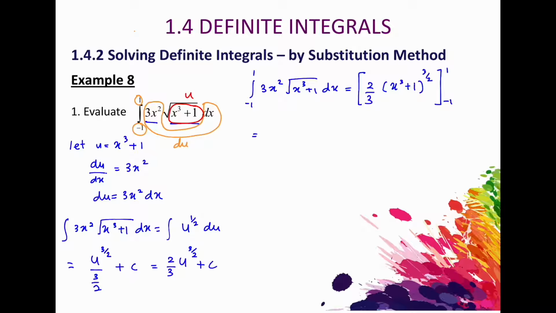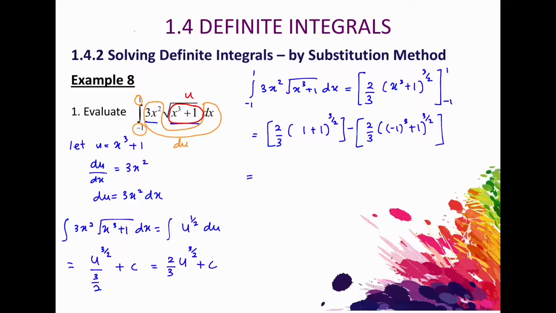Then substitute the boundaries. We get 2 over 3 times 1 to the power of 3 plus 1, to the power of 3 over 2, and then substitute -1. So 2 over 3 times -1 cubed plus 1, to the power of 3 over 2.